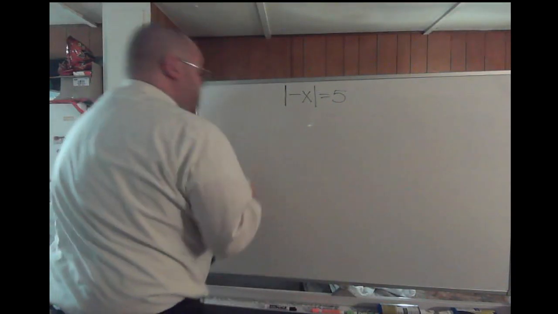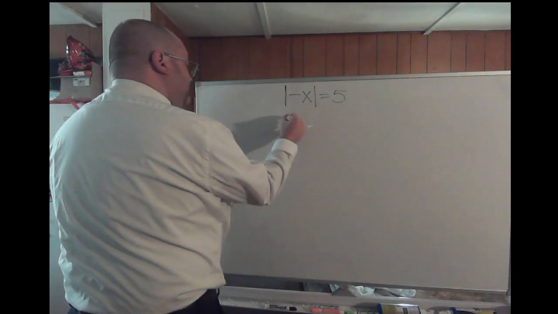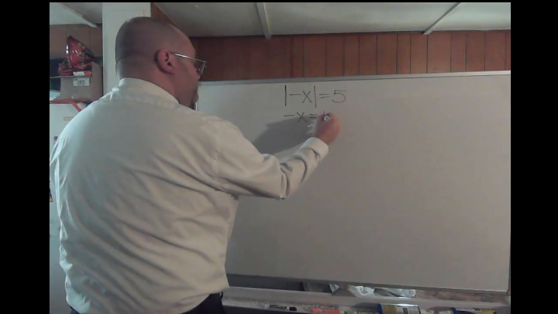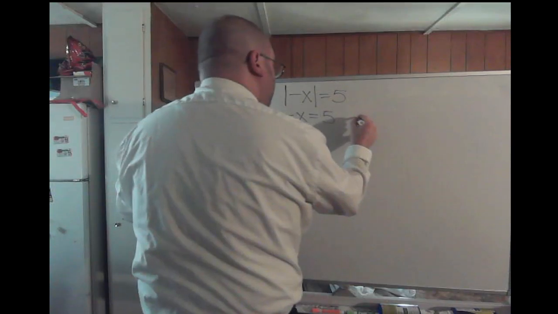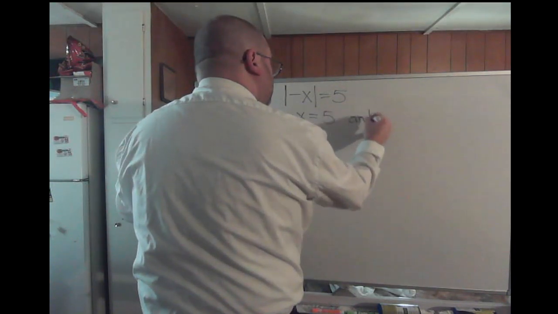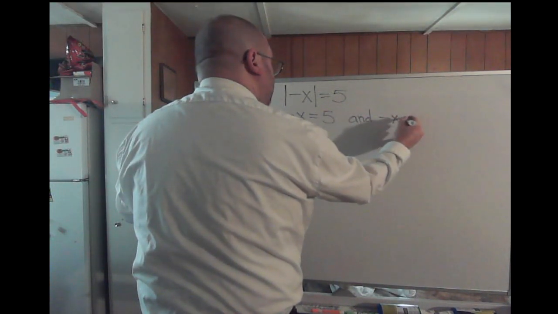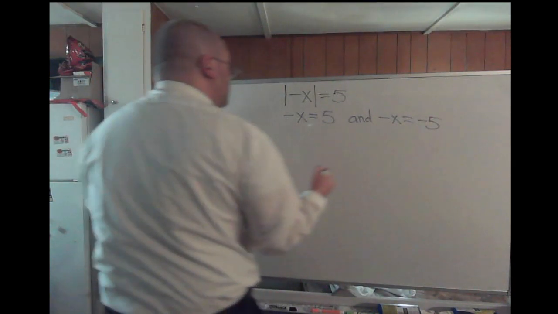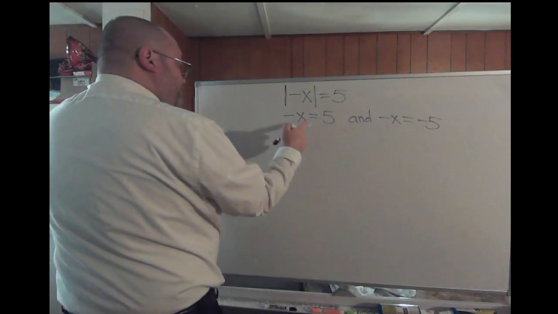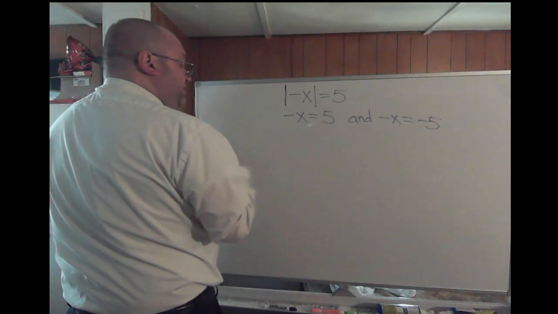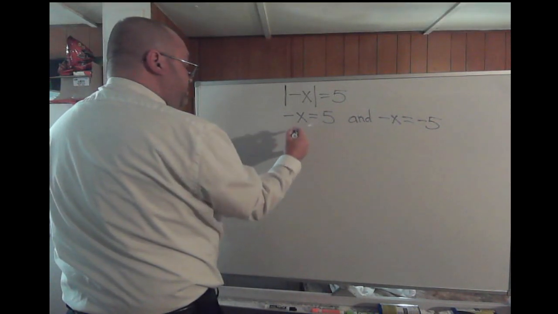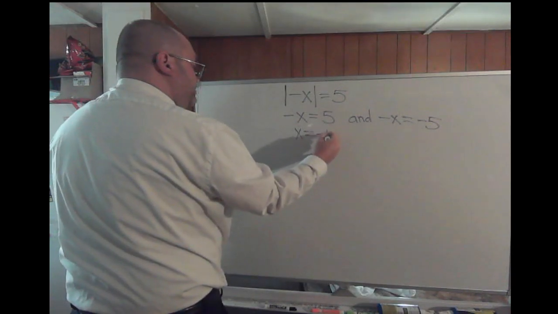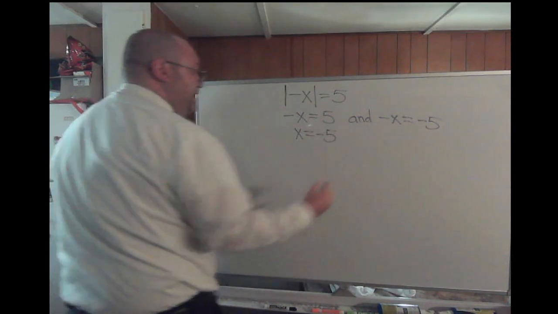So what you're going to do is take that negative x inside the absolute value and set it equal to the positive 5, and then set the negative x inside the absolute value equal to negative 5. In the left equation, negative x equals 5, you divide negative x by negative 1 and get positive x. You divide the right side by negative 1, you'll get negative 5. So x will equal negative 5.